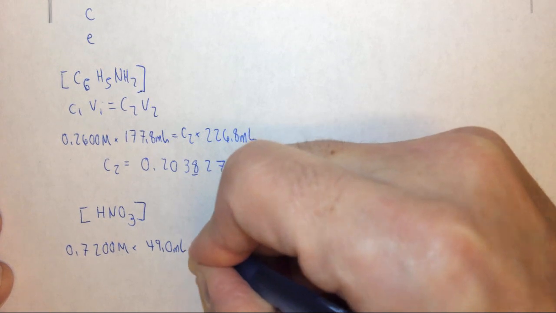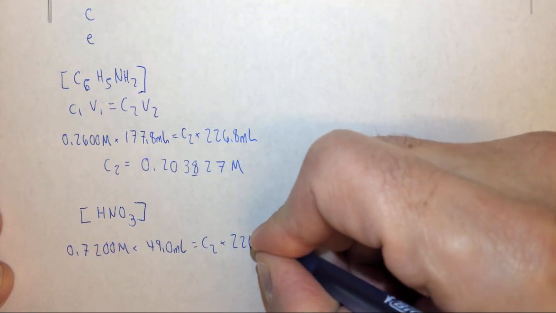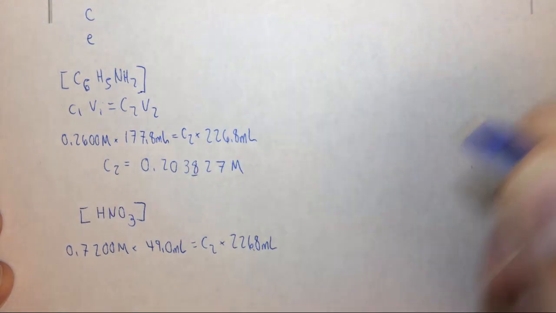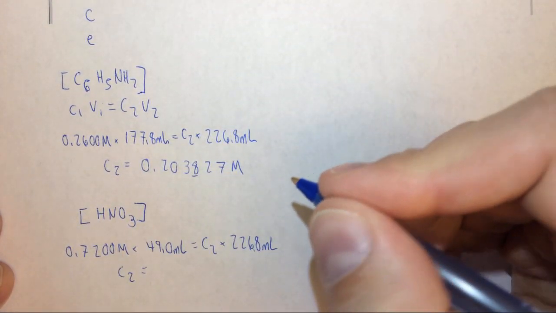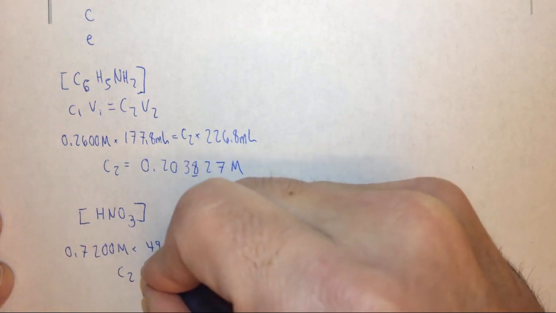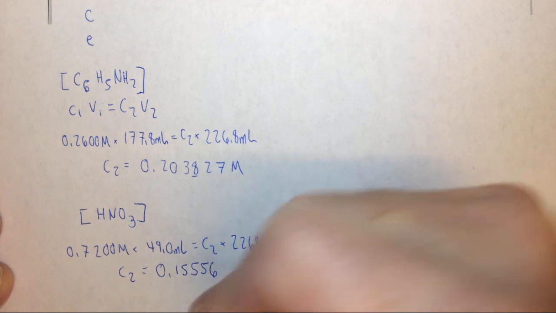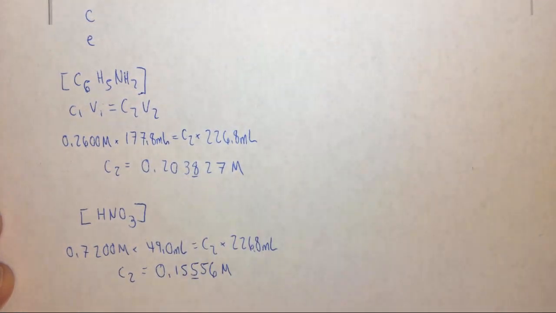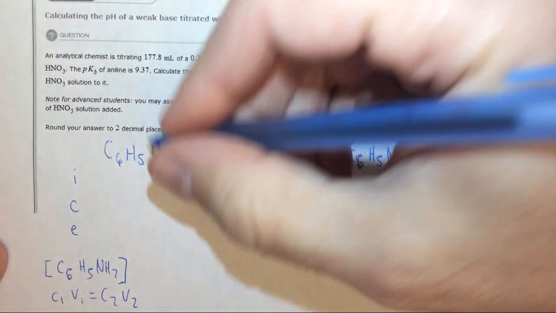The new concentration, C2, is still the variable, and the total volume is still the same at 226.8 milliliters. When we do that math, we find that the concentration of the HNO3 is 0.15556 molar.